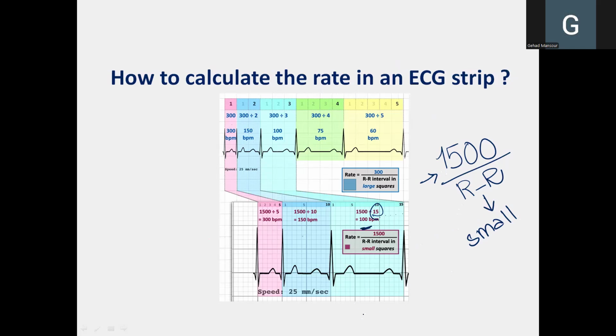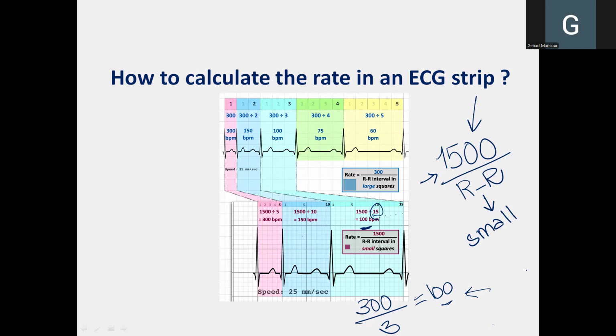If you use the other method, 300 divided by the number of big boxes in between, you will also obtain 100 beats per minute. So whether you use the first method or the second method, you will obtain the same value.